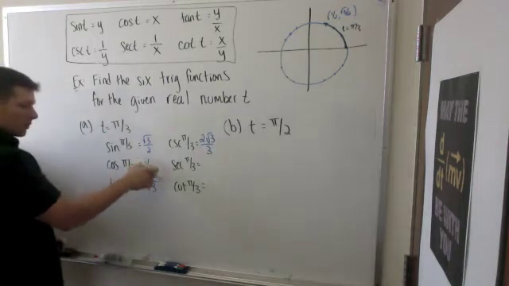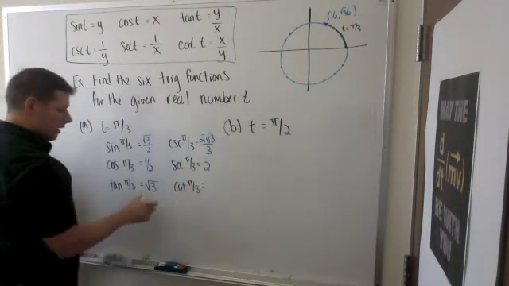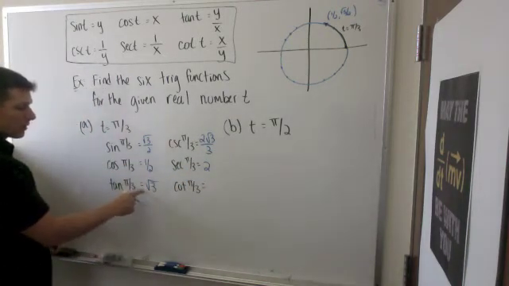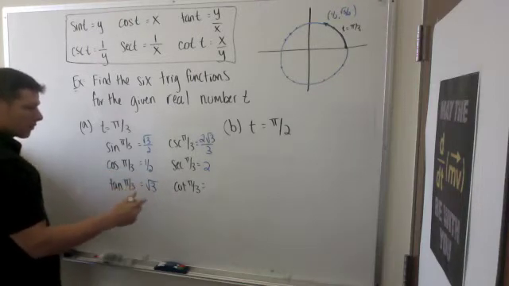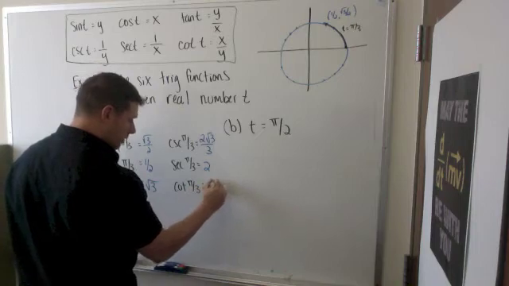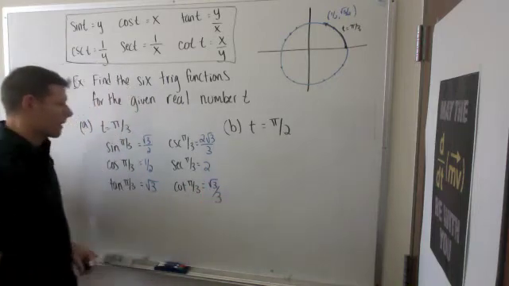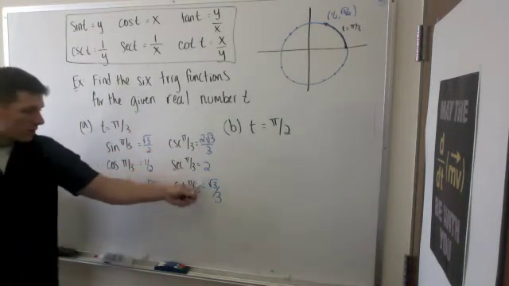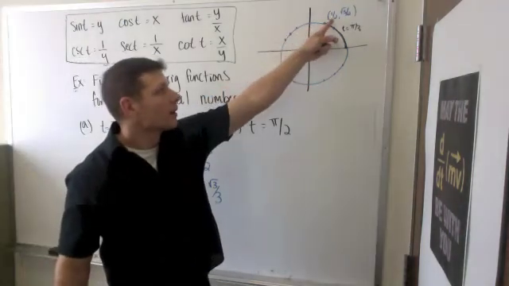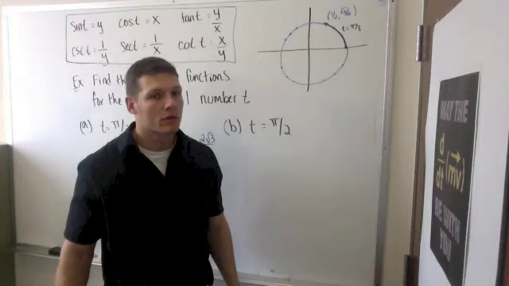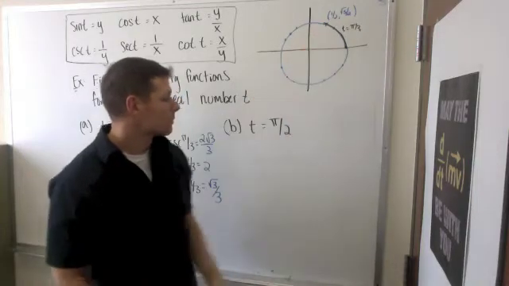If I look at the reciprocal of this, you just get 2. And if you look at the reciprocal of root 3, you'll have 1 over root 3, multiply top and bottom by root 3, you'll get root 3 over 3. So these are the 6 trigonometric functions that are all simply based on the fact that the terminal point is 1/2 comma root 3 over 2, as defined by t equals pi over 3.